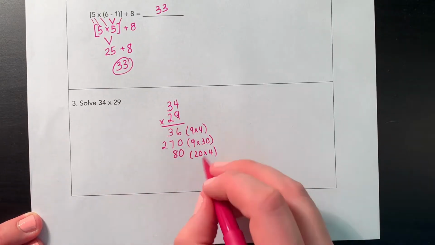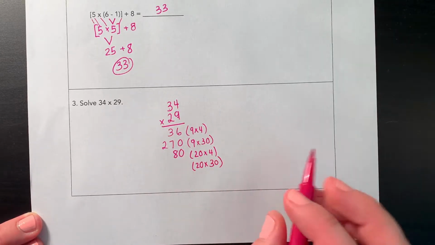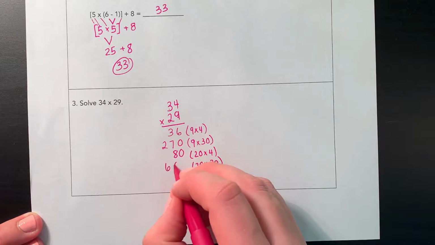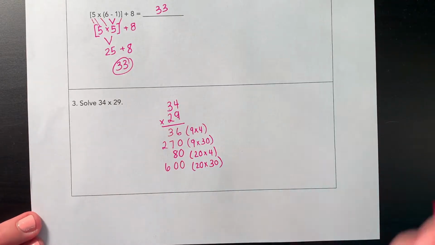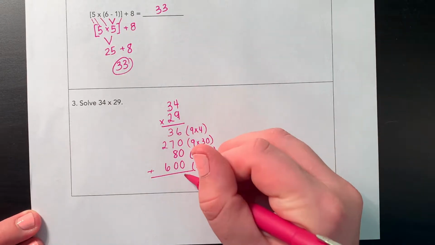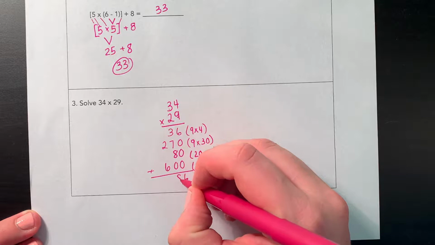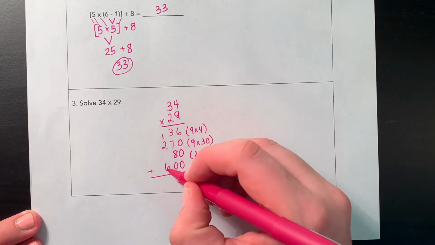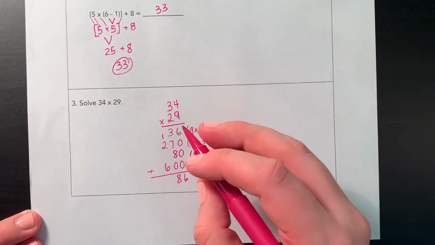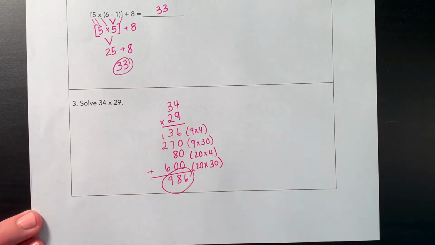And 20 times 30 is 600. All right, so now all we have to do is add those numbers up. Get 6, 7 and 3 is 10, plus 8 is 18. And 6 plus 2 is 8, plus 1 is 9. So my answer is 986.